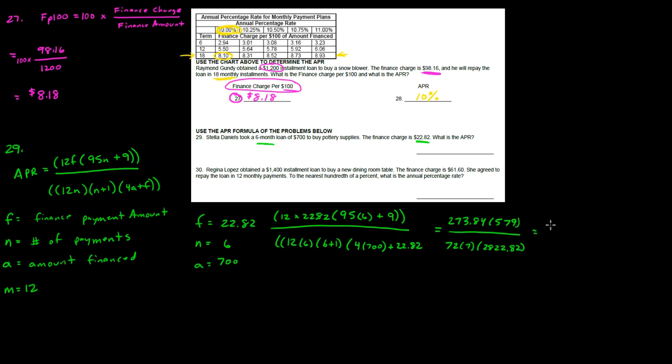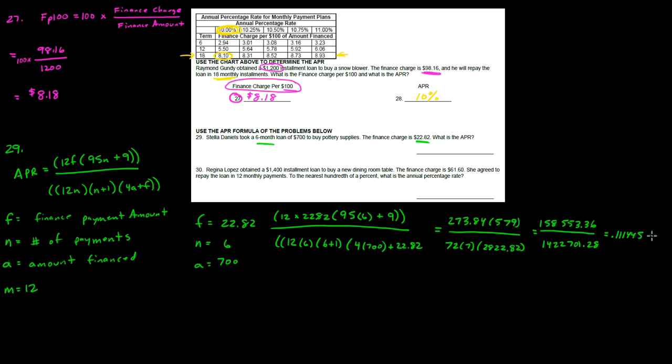So then I'm going to get 158,553.36, and I got that by multiplying these two together. And when I multiply these three together, I'm going to get 1,422,701.28.